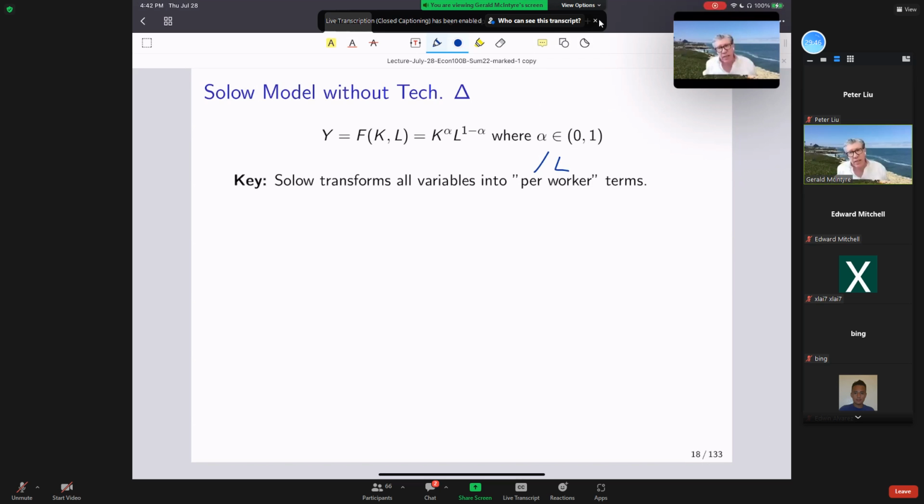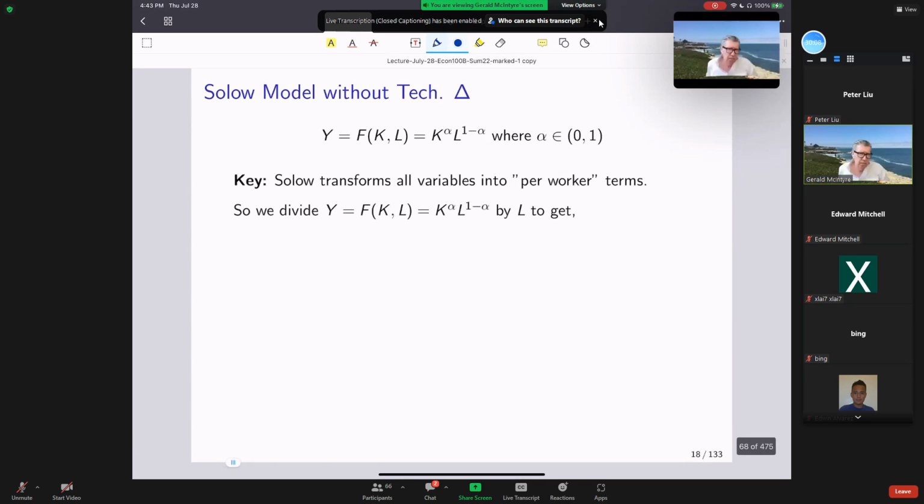He's kind of the Michael Jordan of economic growth. He's going to do this to all terms, a little trick that we'll work through in every single variable that we introduce: introduce a variable, divide it by L, and so on.